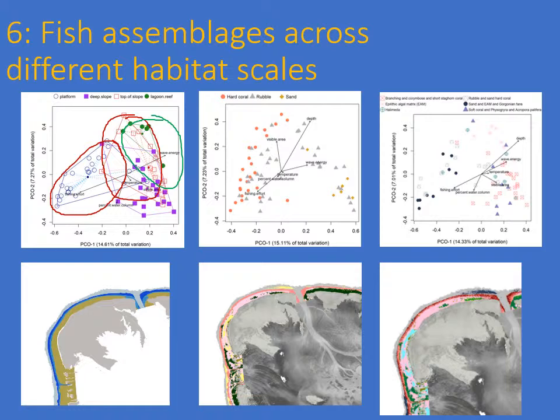And indeed, this was the same for all the different scales at which we looked at. On here, I'm showing an increase in the complexity of the habitat which we mapped. And this was indeed true for all the scales.